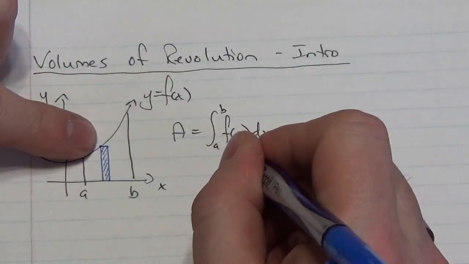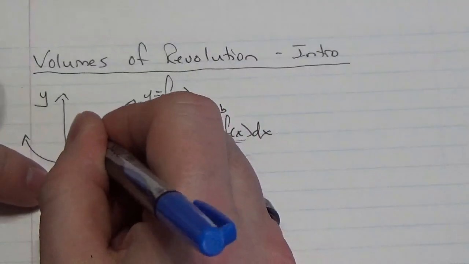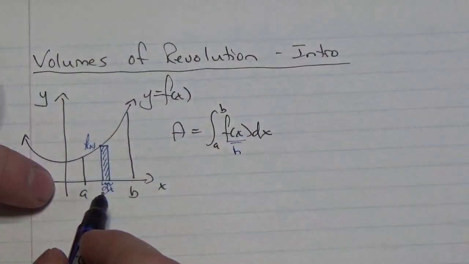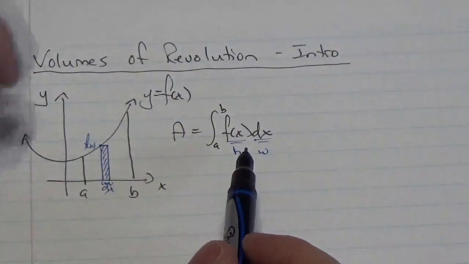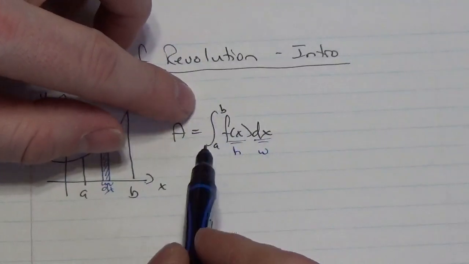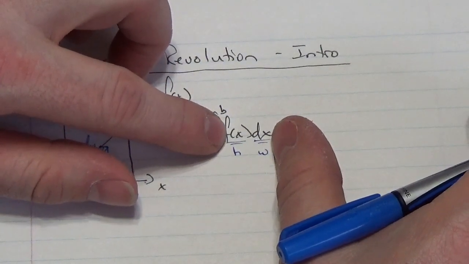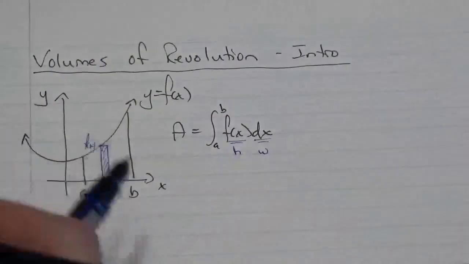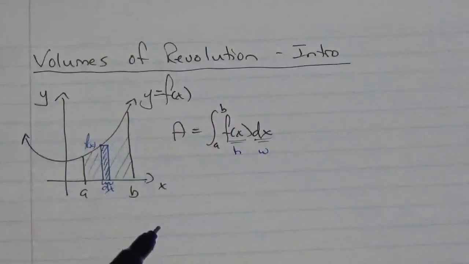This is the height. And the dx is the width of it. So what we're doing with an integral is summing up the areas of a whole bunch of rectangles, putting them all together. And that's what creates the overall area under that curve between a and b.